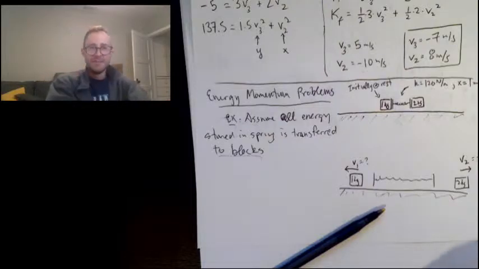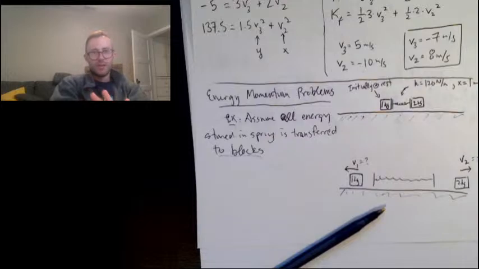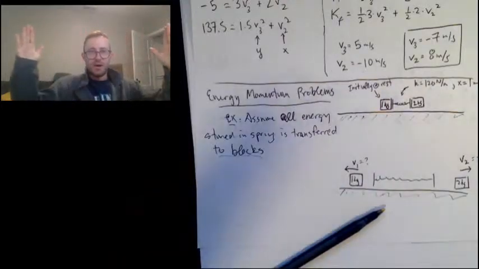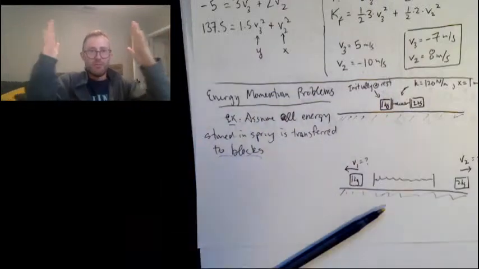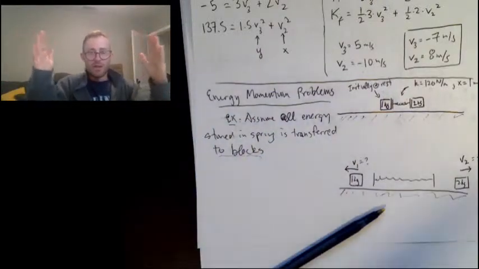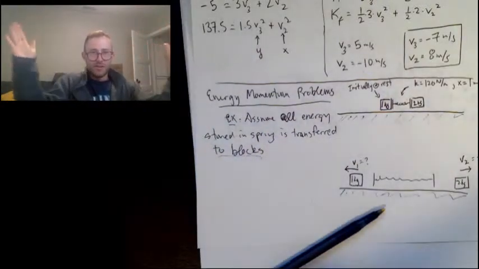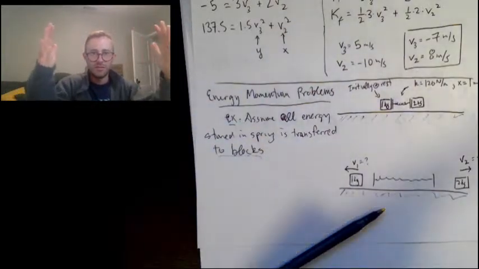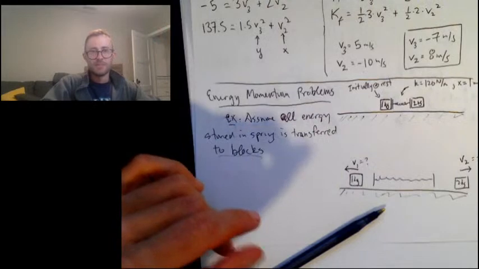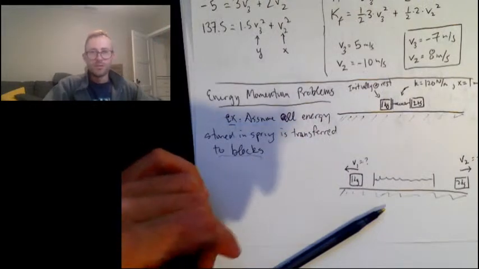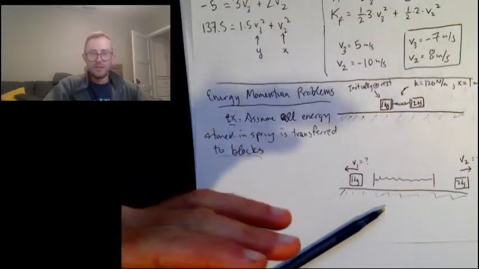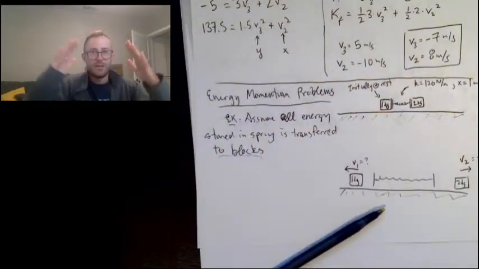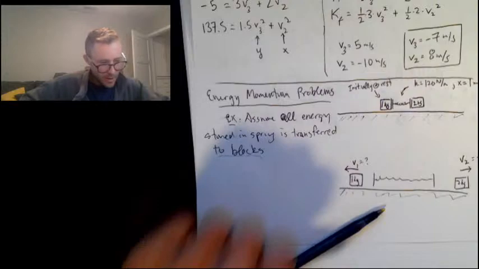What could happen is you could have a scenario where the spring is compressed, it launches the block, and then afterwards the spring is still vibrating. If the spring is moving like this afterwards, then it must have some kinetic energy still in it. So we're assuming that all of that initial elastic potential energy went into the blocks.